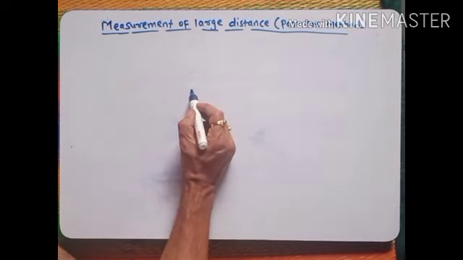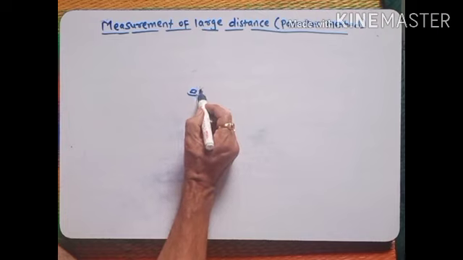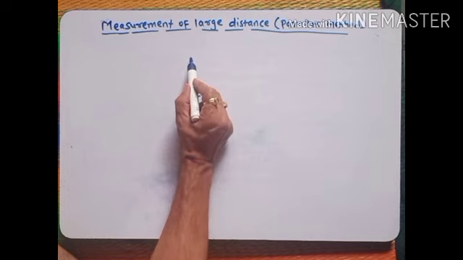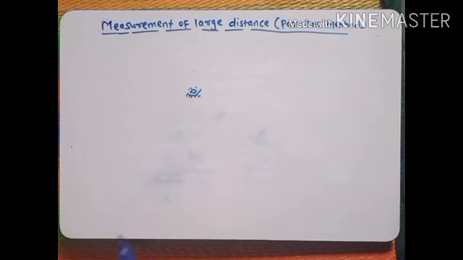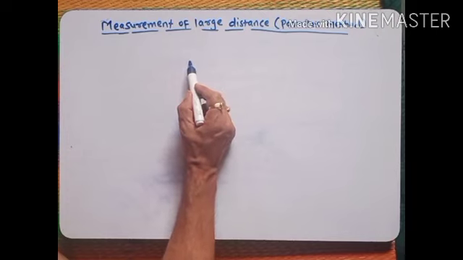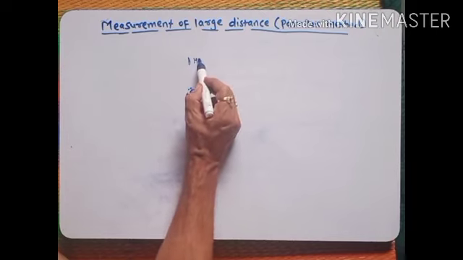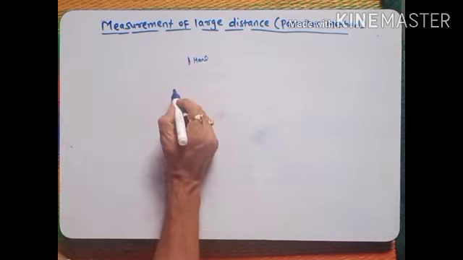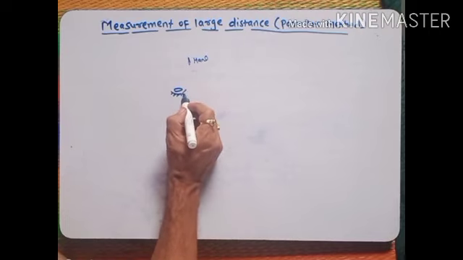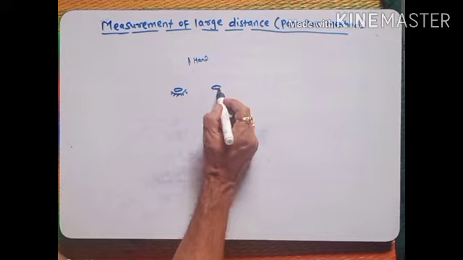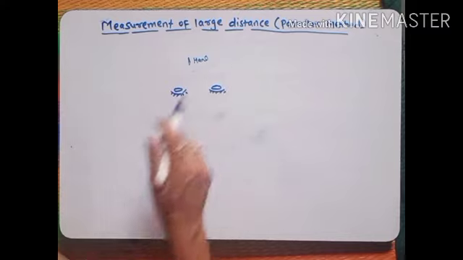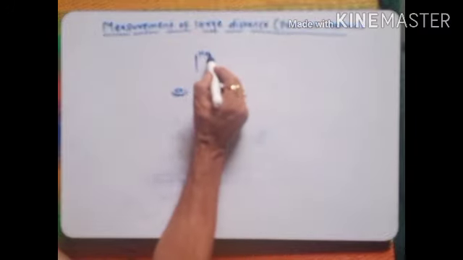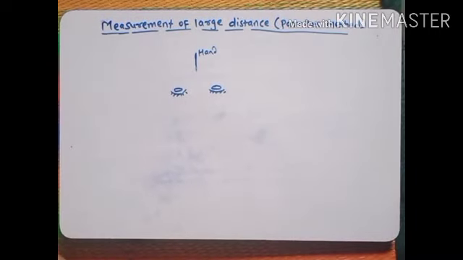Suppose this is our eye, and we hold one hand in front of the eyes. Suppose we consider two eyes.